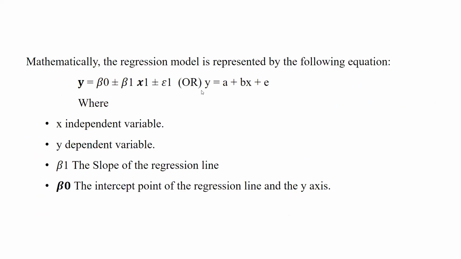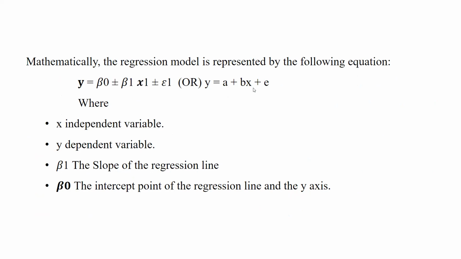In case of the simple linear regression model, we have only one independent variable and we have denoted it as only x. If we have more than one independent variable, then instead of this x, we denote it as x1.